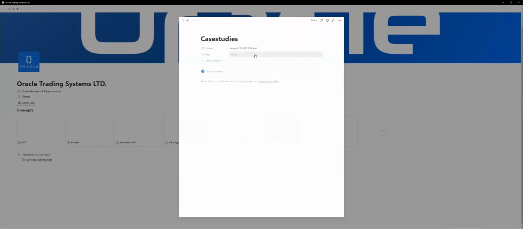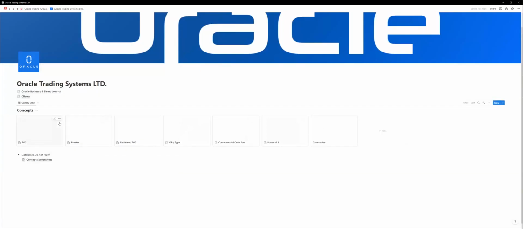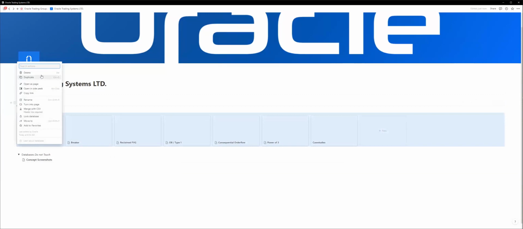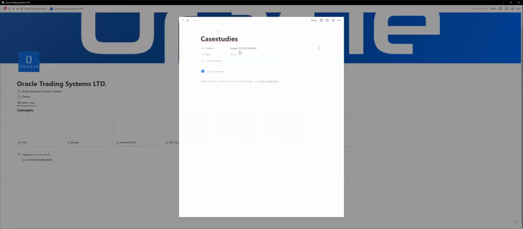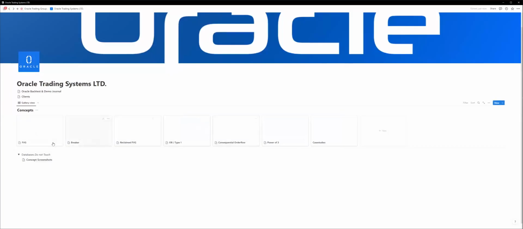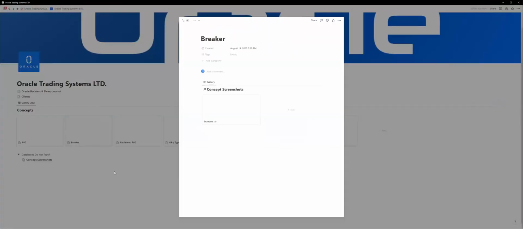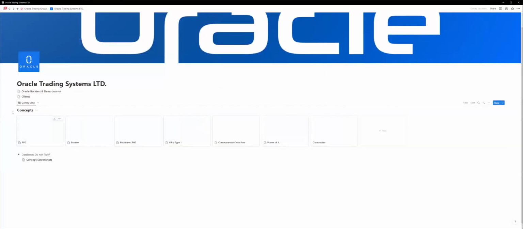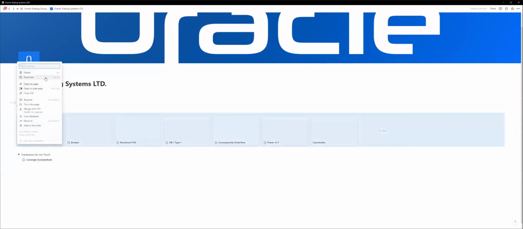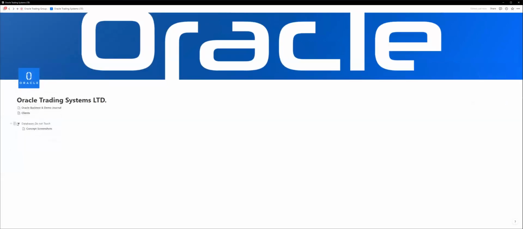Actually, I think this is a stupid way to do it, now that I think of it. I should just delete this. Why? Because I'm thinking we can just do case studies and give them tags that sort them, instead of having all of these separate ones for screenshots. Yeah, that's true. So here, I'll show you how this is done.